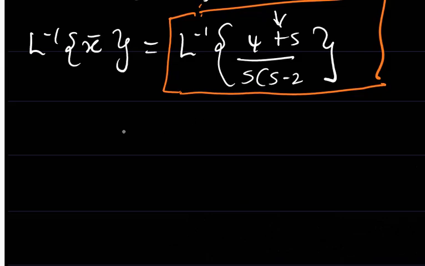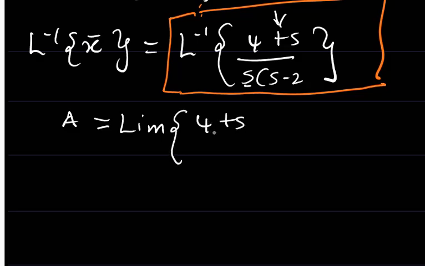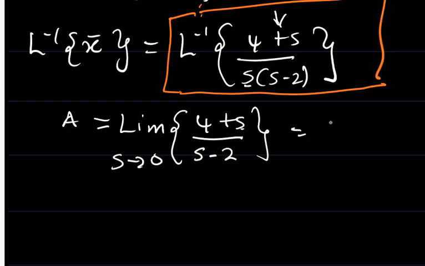Using the cover-up rule, my a is going to be equal to the limit of, covering up this s, 4 plus s all over s minus 2 as s approaches 0. If I put that, I'm going to have 4 all over minus 2, which of course is minus 2.